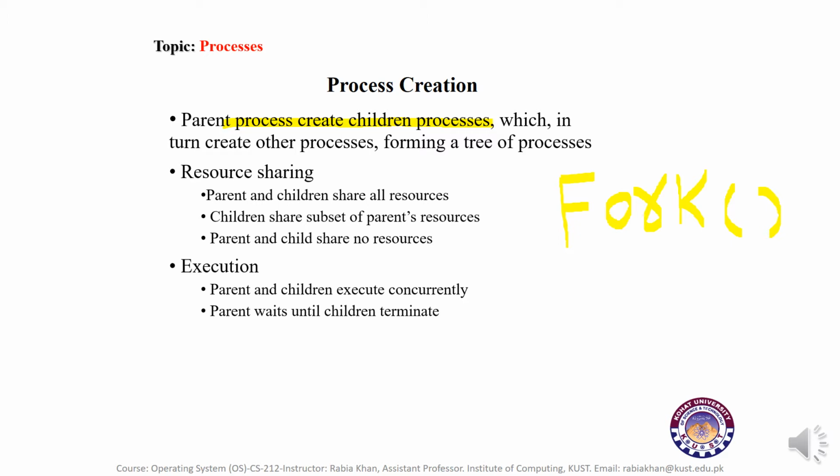So actually a running process has created children in which you have jumped from one location, the parent process, to another location, to some other website or to some other location within the same website. So two or three or four or multiple processes are then started to execute at the same time. And this is because the parent process was able to create further processes that are known as the children processes.